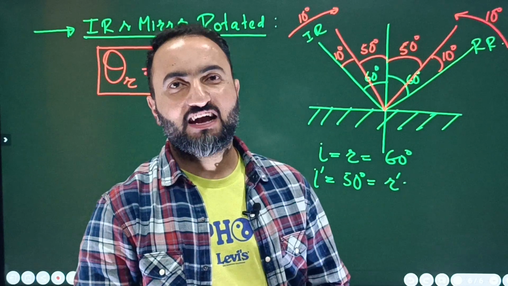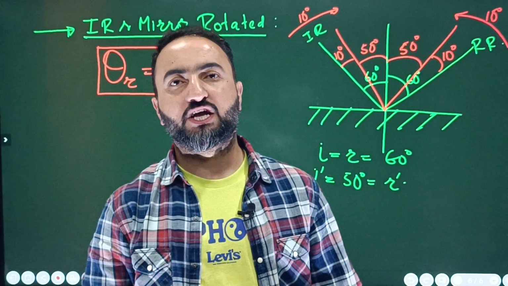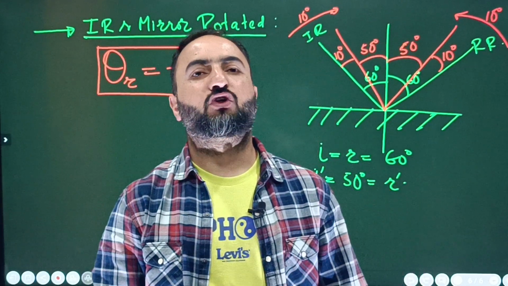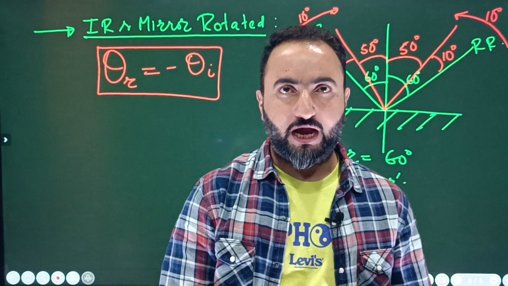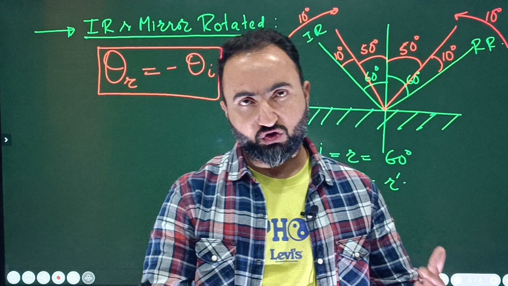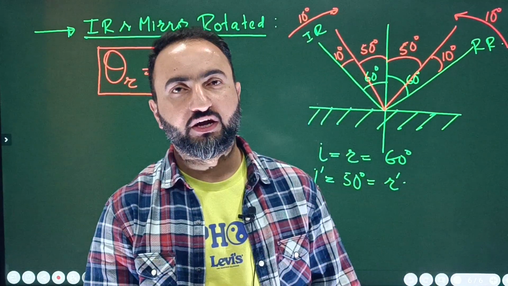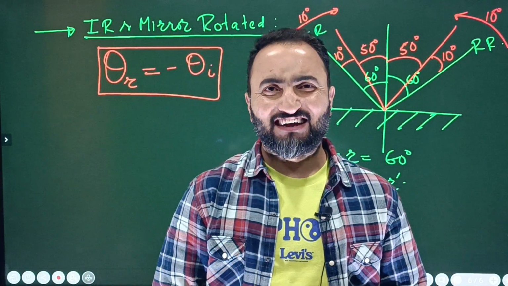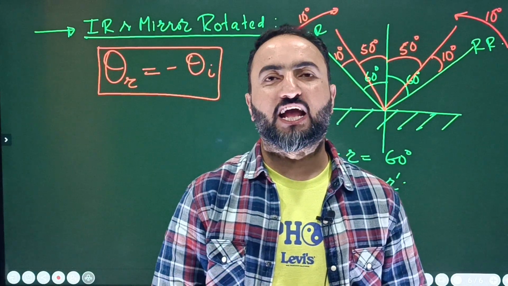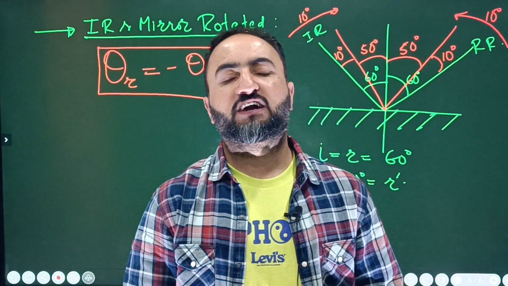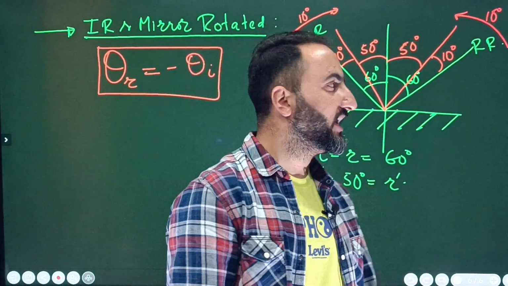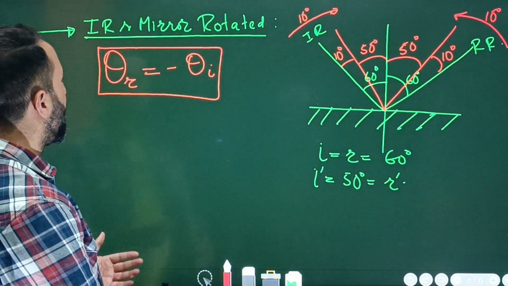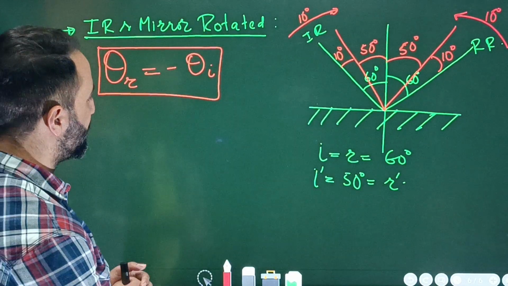For example, if the incident ray is rotated by 10 degrees clockwise, the reflected ray will be rotated by 10 degrees anti-clockwise, so the law of reflection is not violated; it is always obeyed. Similarly, if the incident ray is rotated by 15 degrees clockwise, the reflected ray will be rotated by 15 degrees anti-clockwise. That's what the negative sign implies. So theta r is simply equal to minus theta i.